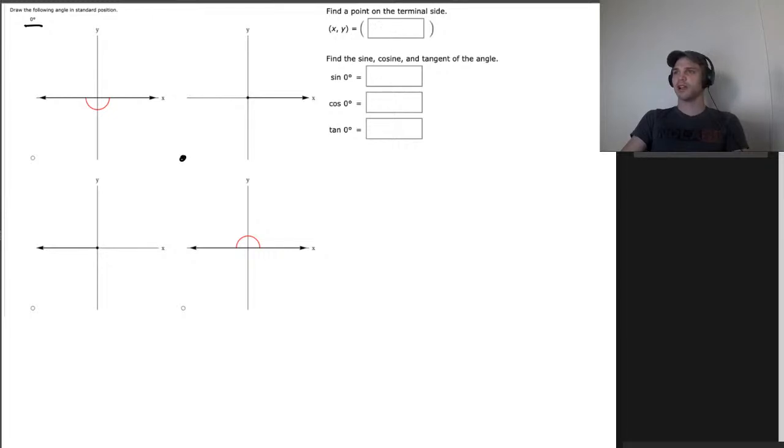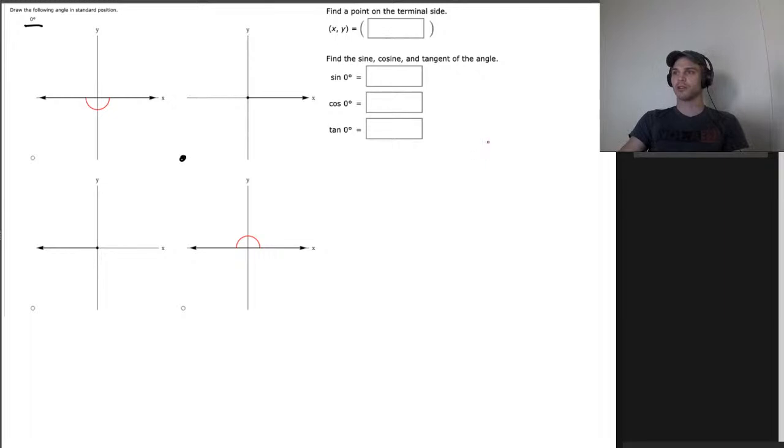All right, so find a point on the terminal side. Okay, so the point on the terminal side of this angle. This is kind of confusing, right? A point on the terminal side is going to be any point on the positive x-axis. Let's use the one that's on the unit circle, since they probably mean that, even if they haven't written that.